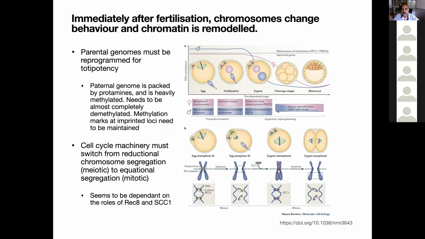And this is done through the regular methylation, demethylation machinery. But this massive demethylation that happens in the paternal genome early on upon fertilization is mediated by TET3. But there are a few regions of the paternal genome which somehow are protected from demethylation. And these are the genes that need to be imprinted.